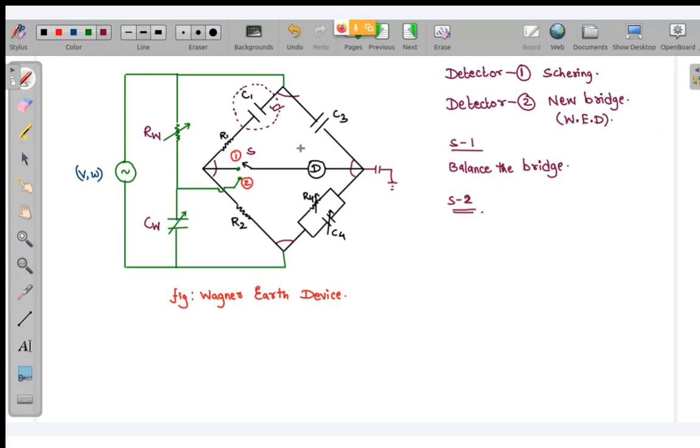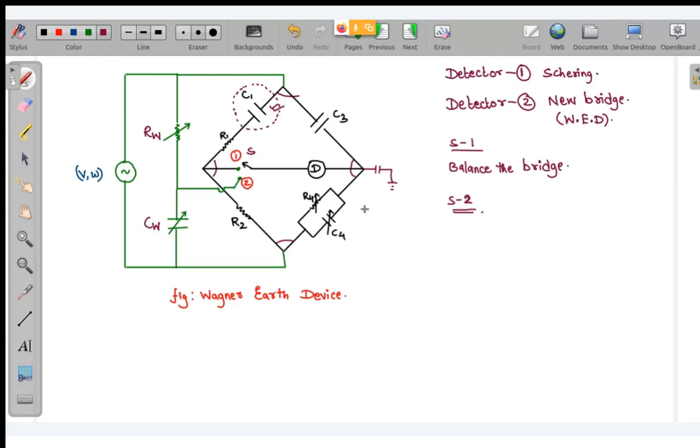Previously I didn't tell you, when I had taken this bridge initially, I had written balance the bridge. So when we were at S1, our bridge was balanced. But the moment I changed this S to 2, now it's a new bridge, because one arm is RW, another arm is CW, another arm is C3, and this is R4 and C4.